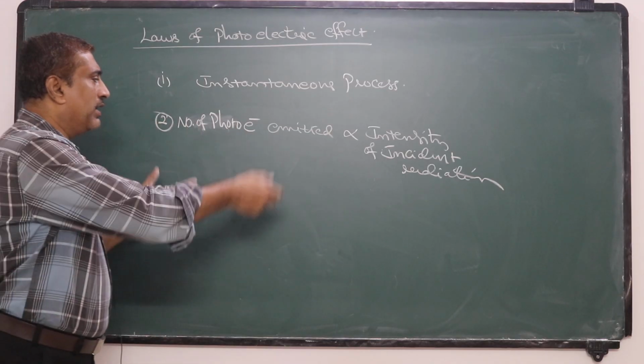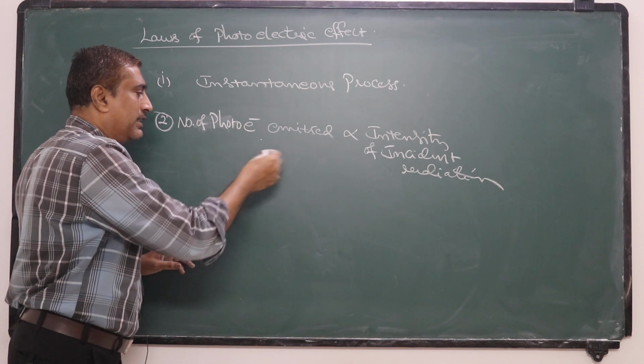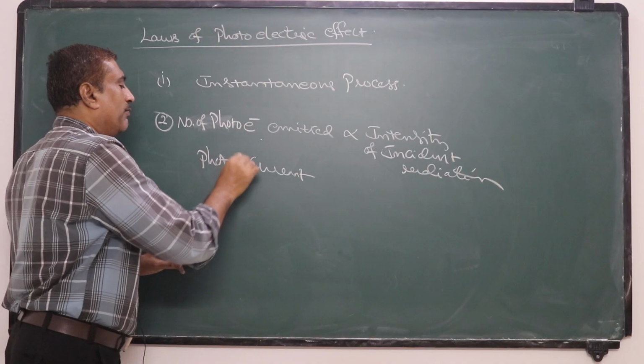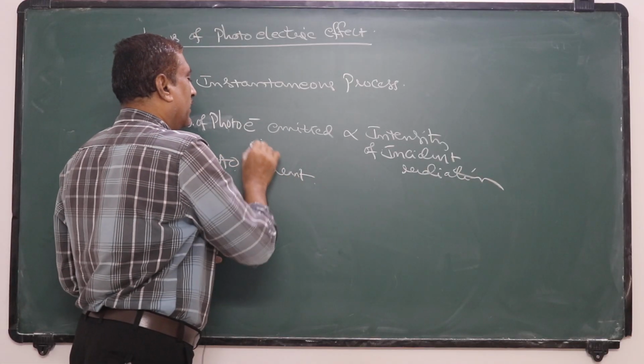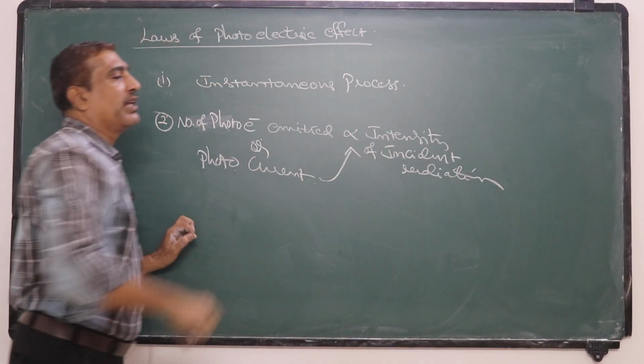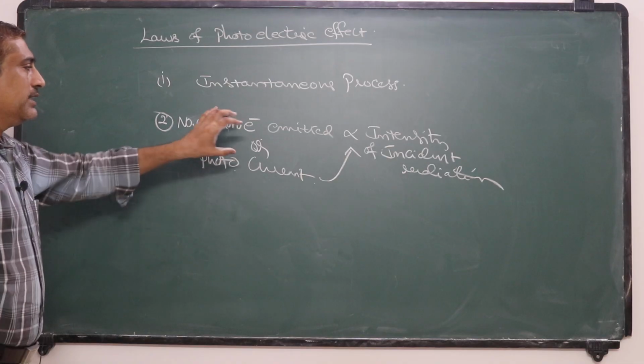If the number of electrons emitted increases, current also increases. What current is it? Photocurrent. So photocurrent or number of electrons emitted is directly proportional to the intensity of incident radiation. This is the second law.